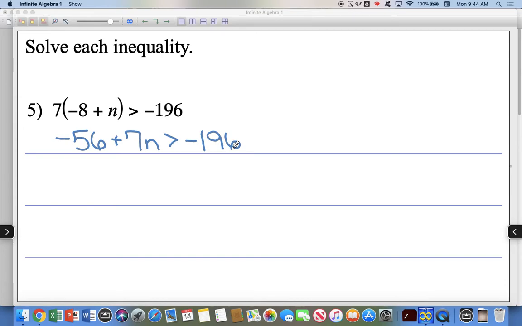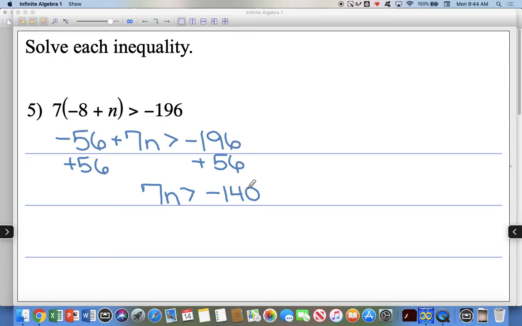Add 56 to both sides. And then 7n is greater than, and that would give us negative 140. We add negative 196 plus 56.